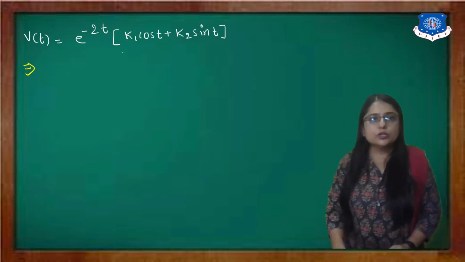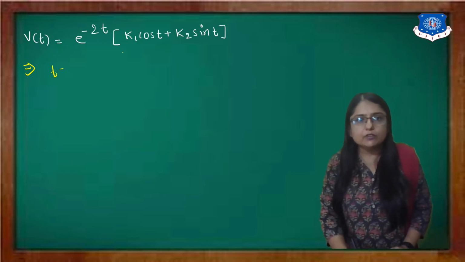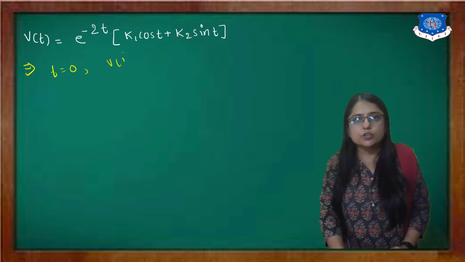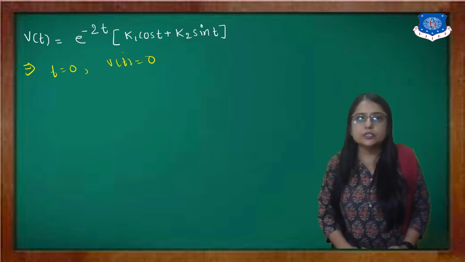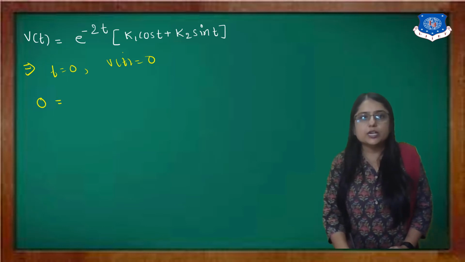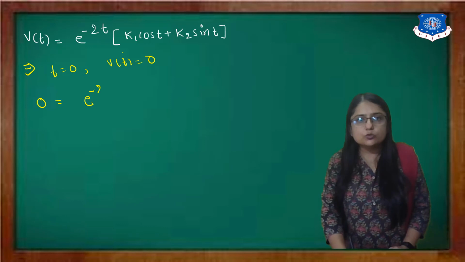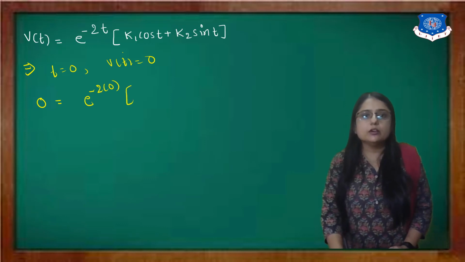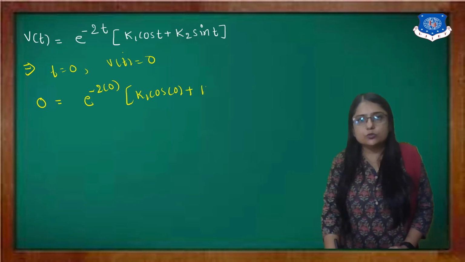So when t equals 0, my voltage V of t equals 0. Just substitute this value: instead of V of t, I write 0, e raised to 2 into 0, K1 cos 0 plus K2 sin 0.